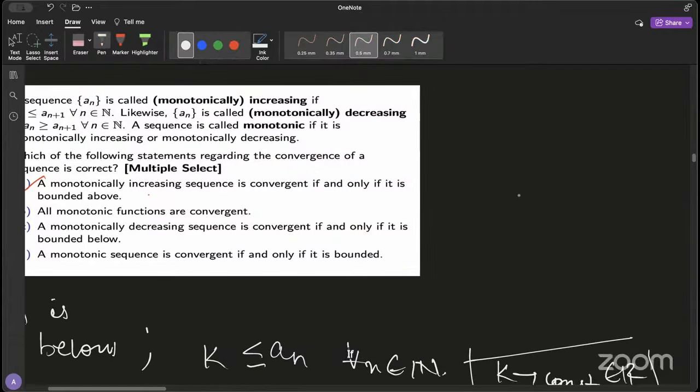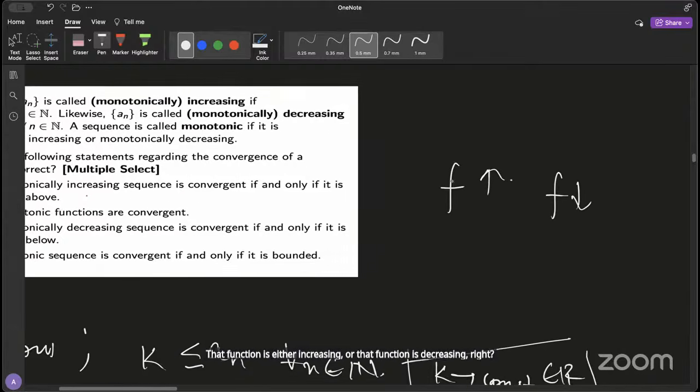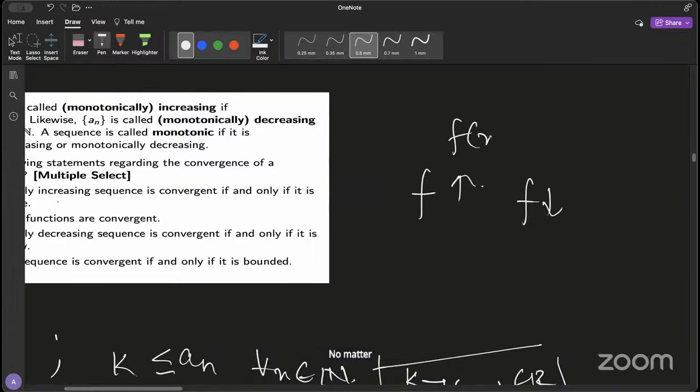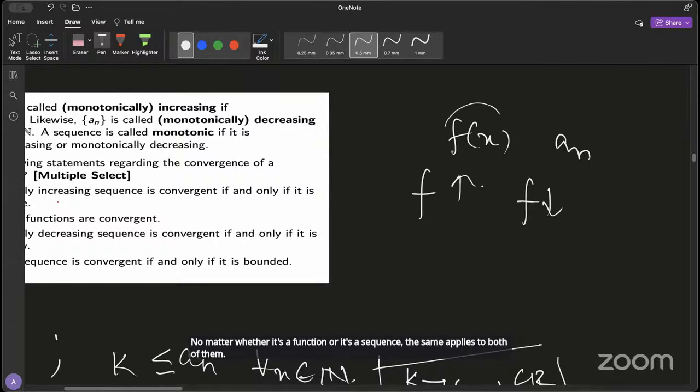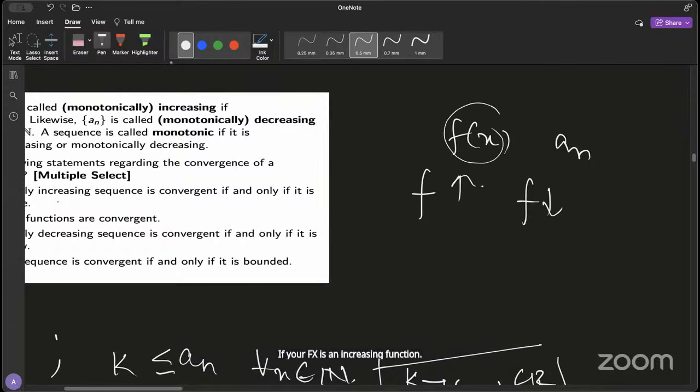If I have a function and it is monotonic, that means that function is either increasing or decreasing, right? No matter whether it's a function or a sequence, the same applies to both of them. If your f(x) is an increasing function, I'm only talking about the function for now, but the same holds for sequences as well.